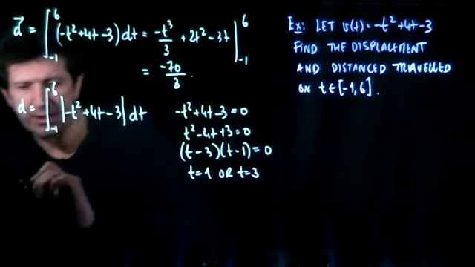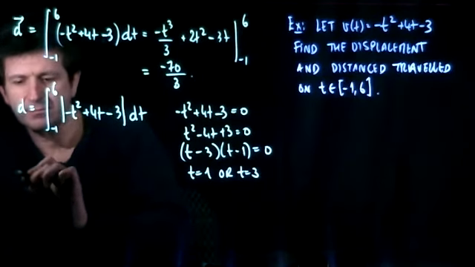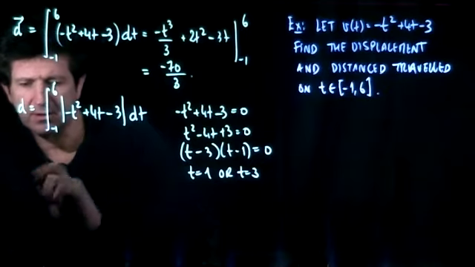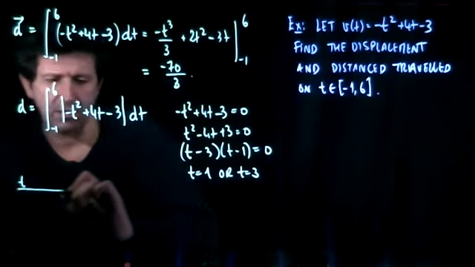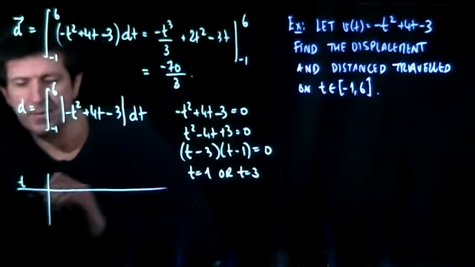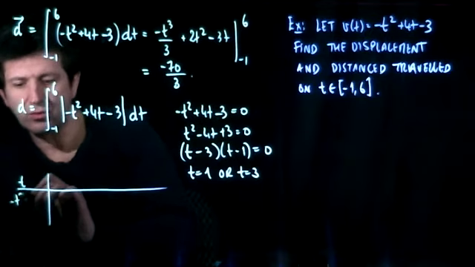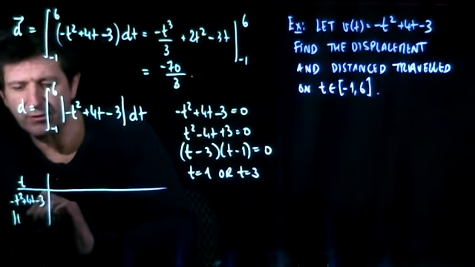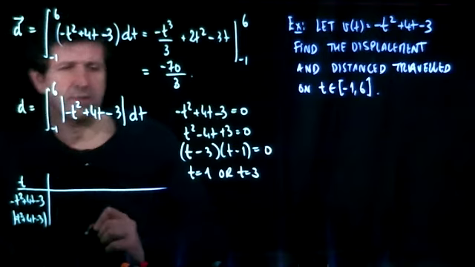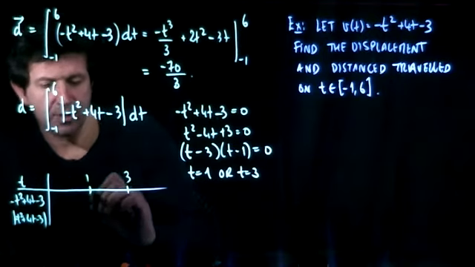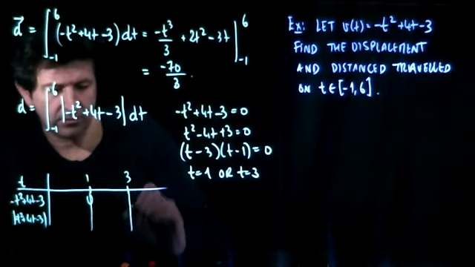And so I do my sign table, not for x, but for t. -t squared plus 4t minus 3, and then the absolute value of -t squared plus 4t minus 3 at 1 and at 3. That's when it becomes 0.